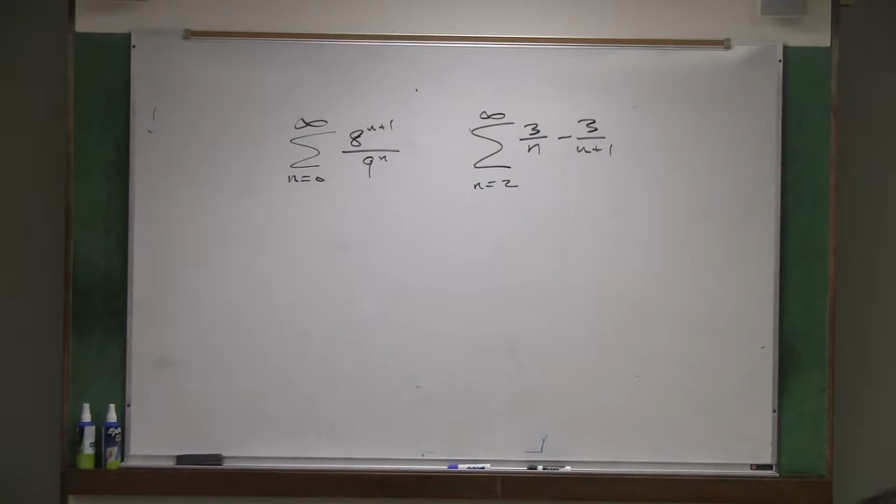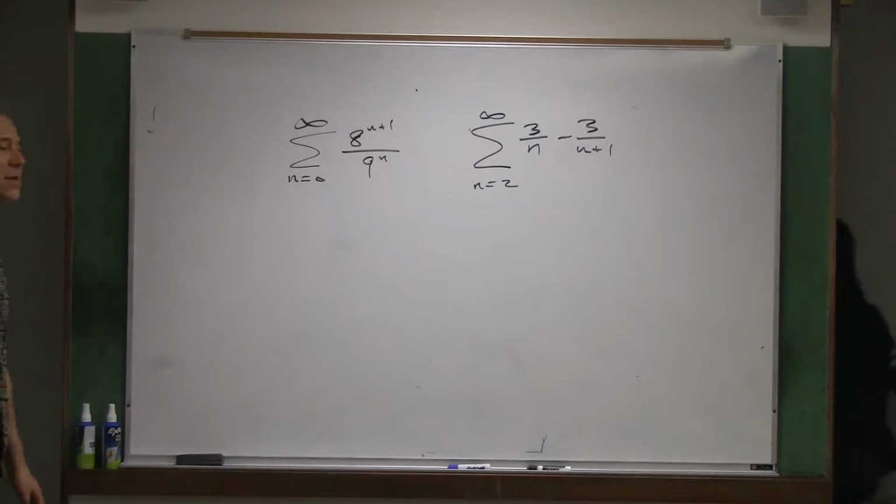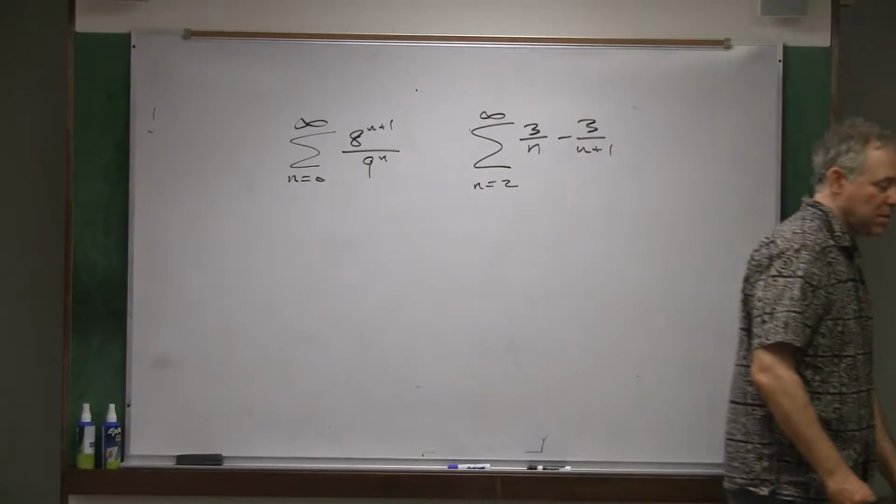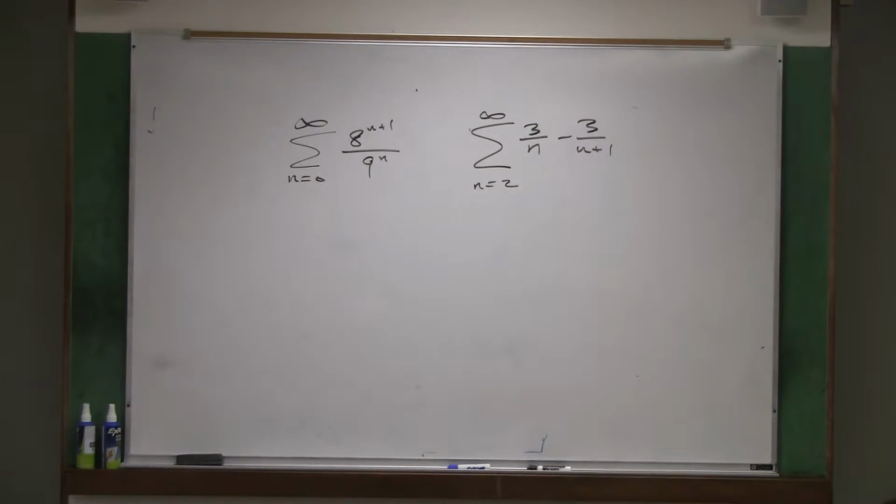So what do you do in the first one? What's your R? 8 over 9. And what's your A? What's your A?